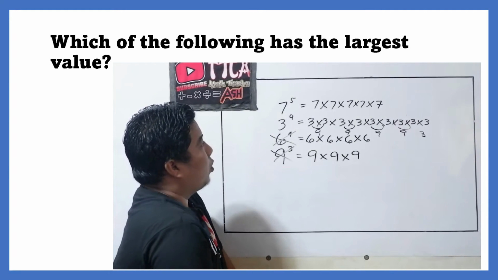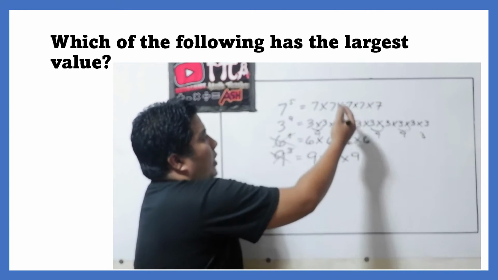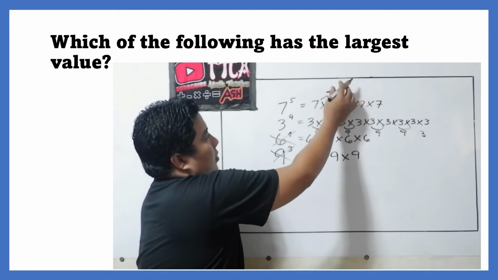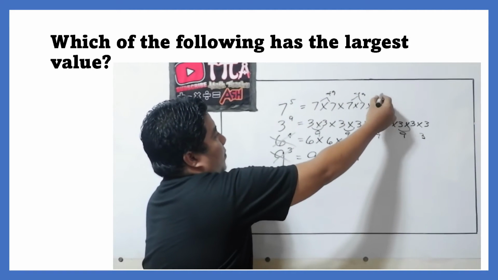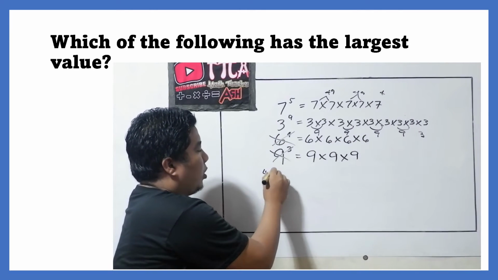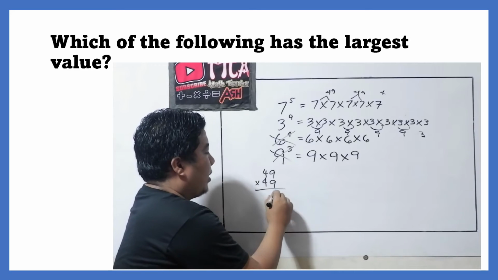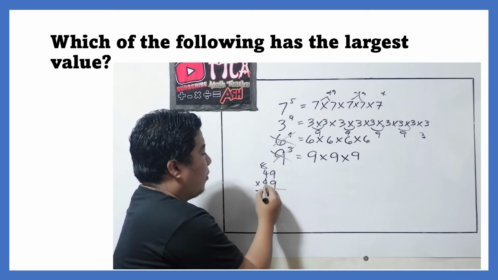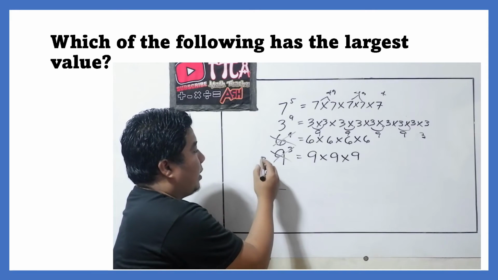Now, let us compare 7 to the 5th power and 3 to the 9th power. 7 to the 5th power is 7 times 7, that is 49. This is 49, and then another 7. So, therefore, we just need to multiply this one, 49 times 49, that is 2,401. 4 times 9 is 36, plus 8, that is 44. 4 times 4 is 16, 17, 18, 19.